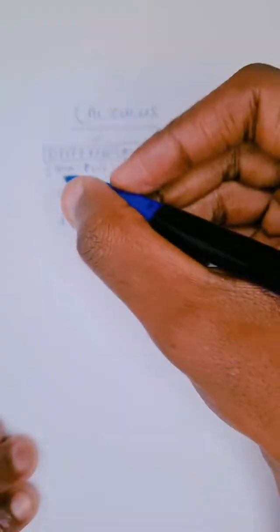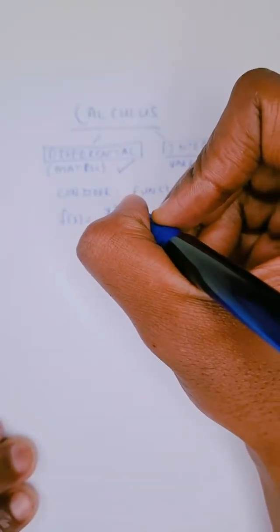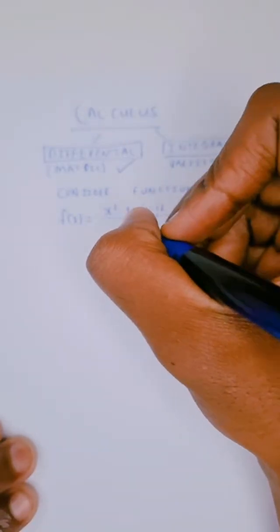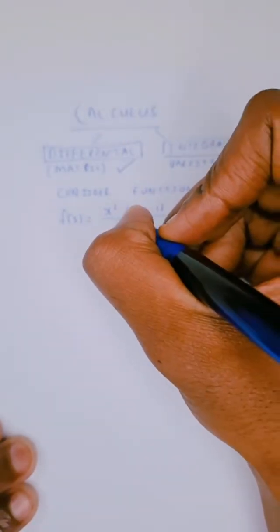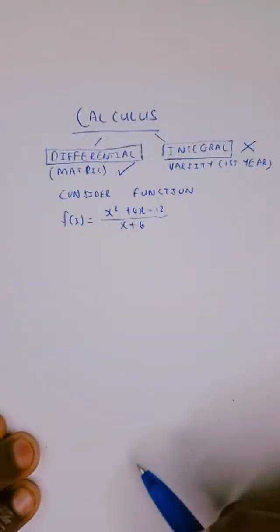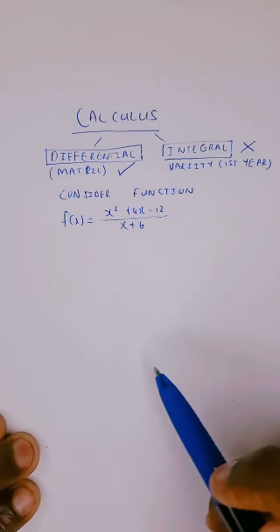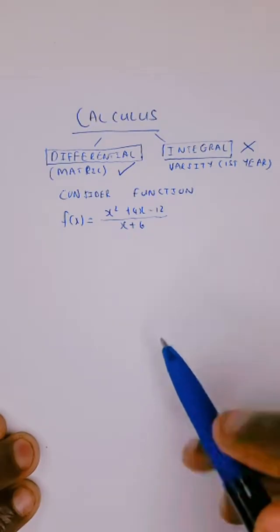So let us consider for a moment the following function. The function f of x is equal to x squared plus 4x minus 12 over x plus 6.